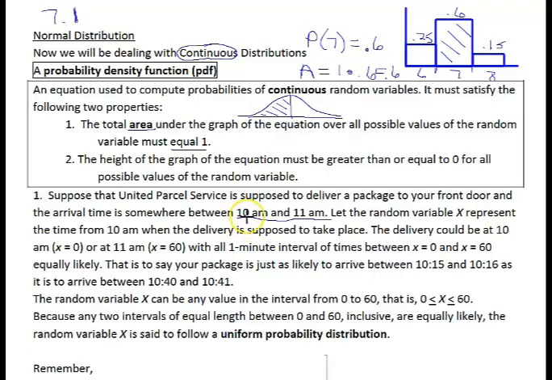So the UPS person can come at 10:05, or 10:05 and a few seconds. There are a lot of little intervals in between. So our chart is going to start at 0 and end at 60, because there are 60 minutes between 10 and 11.